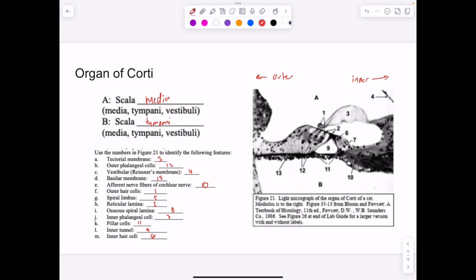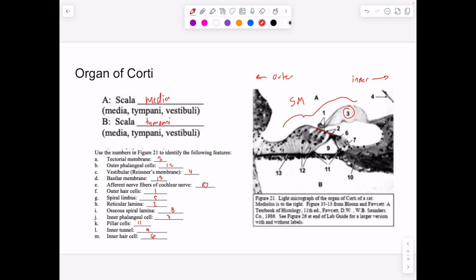Let's do a quick review. All right, so here, organ of Corti, which is this whole thing. So that means this must be scala media. Then we have the tectorial membrane. This is our reticular lamina.